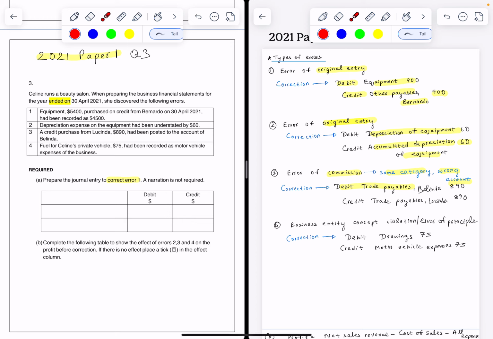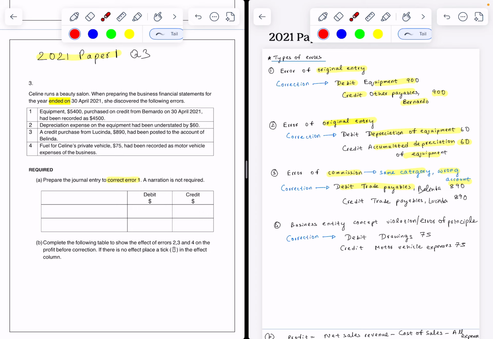So we credit motor vehicles expense by $75, which means expenses are going down. Simultaneously, we would debit our drawings account by $75 because this $75 was taken from the business bank account to fund a private expenditure, which was wrongly recorded in the business bank account. So that is why it's always best to keep private and business bank accounts separate so that you don't end up making a mistake.